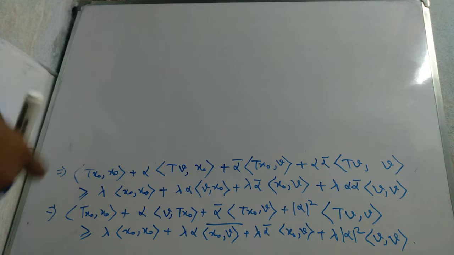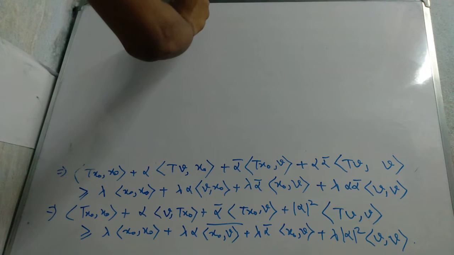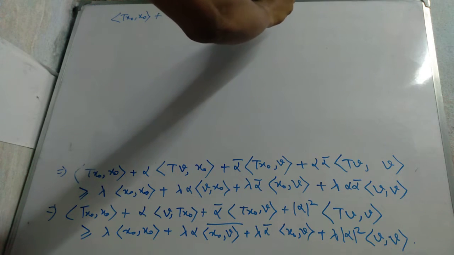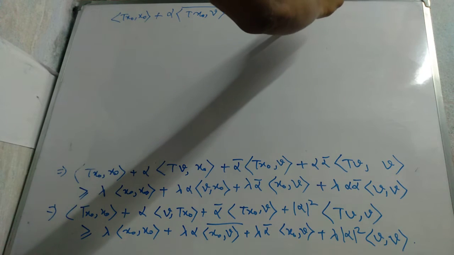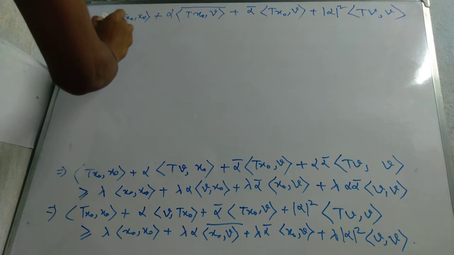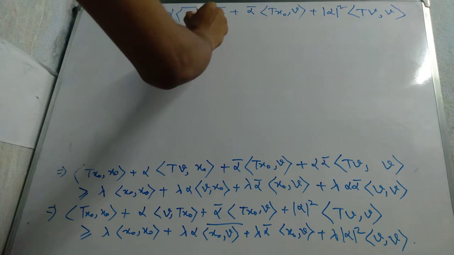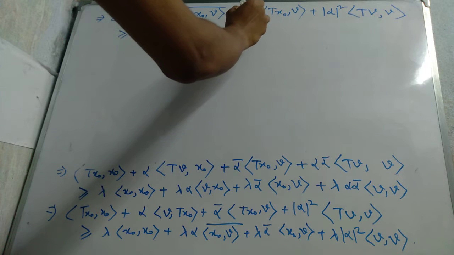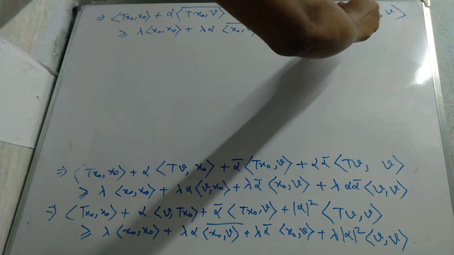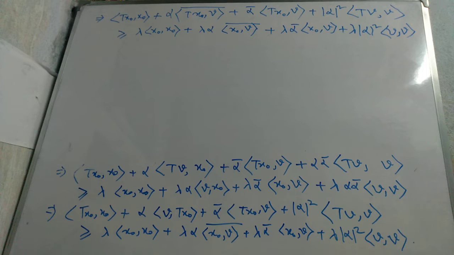We find that here the inner product of Tx0, x0, plus alpha inner product of Tx0, v conjugate, plus alpha conjugate inner product of Tx0, v, plus norm of alpha squared inner product of Tv, v, is greater than or equal to lambda inner product of x0, x0, lambda alpha inner product of x0, v conjugate, lambda alpha conjugate inner product of x0, v, then lambda alpha squared inner product of v, v.